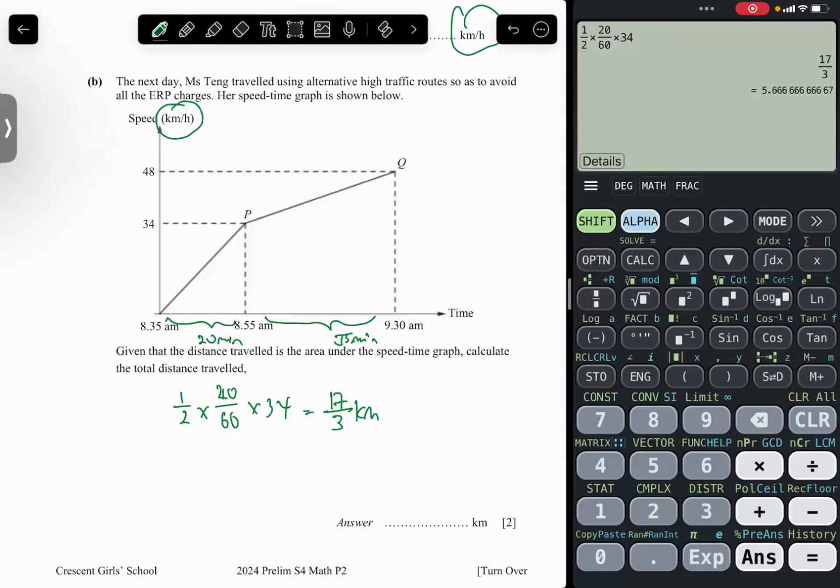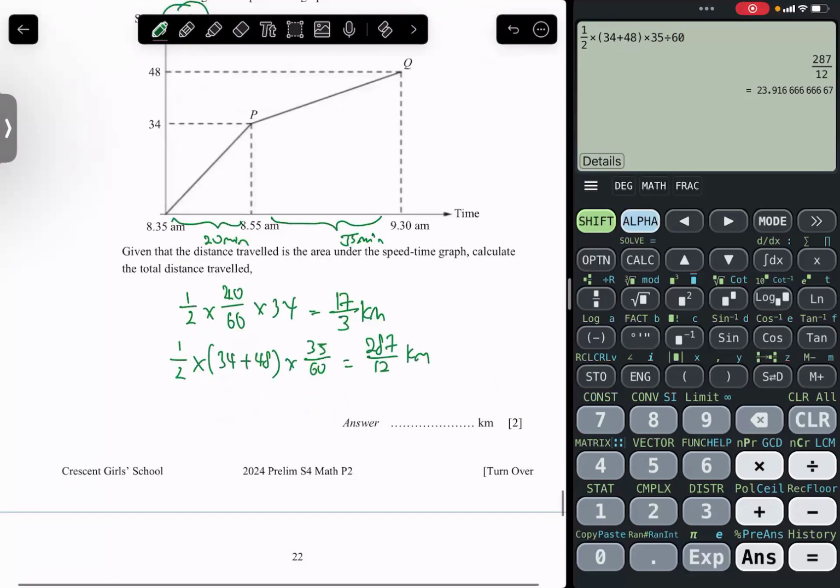Then the next part, half times trapezium. So we have 34 plus 48 multiplied by 35 over 60. So that will give me half times 34 plus 48 times 35 over 60. Okay, so that will get me 287 over 12 kilometers.